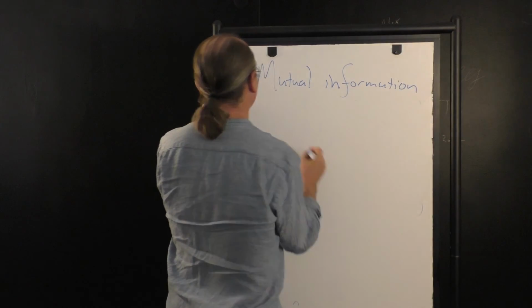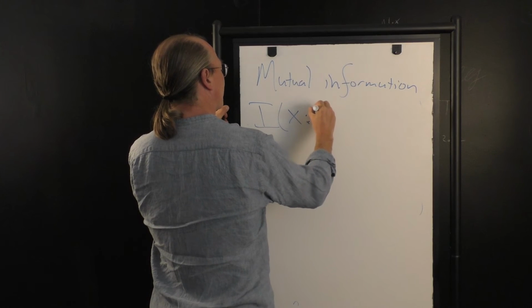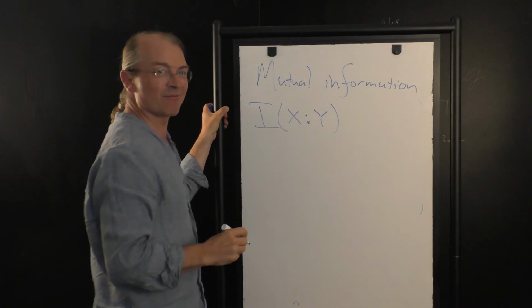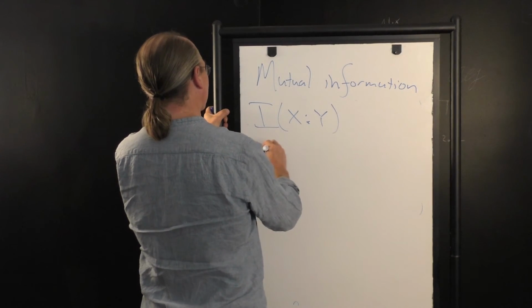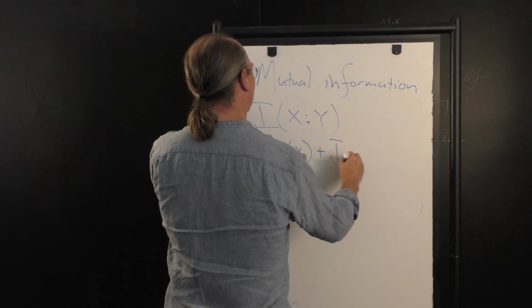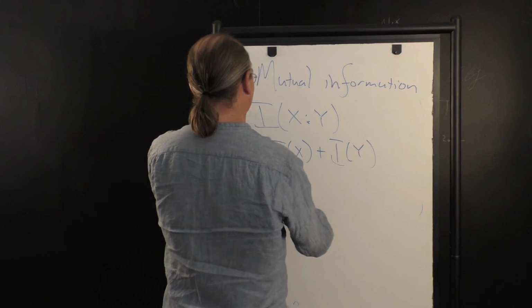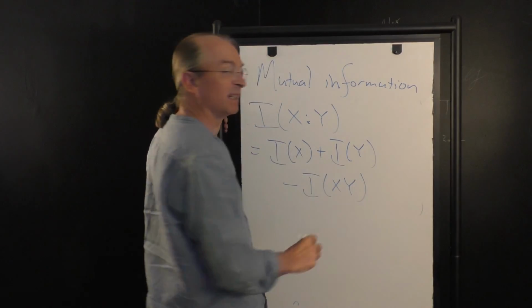The mutual information, which I normally define with this little colon right in the middle because it looks nice and symmetrical. And we'll see that this isn't symmetrical. It's the information in X plus the information in Y minus the information in X and Y taken together.